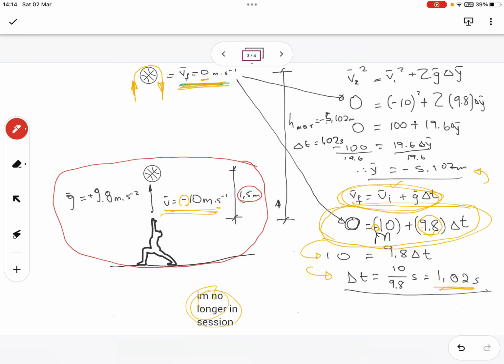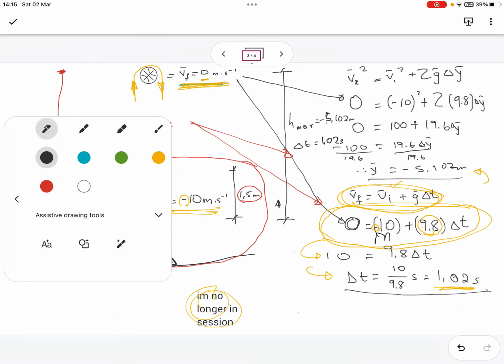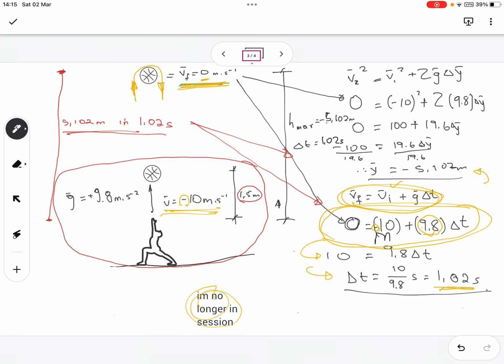We know that it took 1.02 seconds to go from the hands of the thrower to the highest point, which is 5.102 meters in 1.02 seconds. This is the information we get from these two answers. So to travel a maximum height from the thrower to the topmost position where it changes direction, that's 5 meters in just over 1 second.